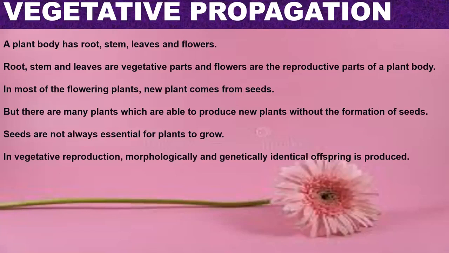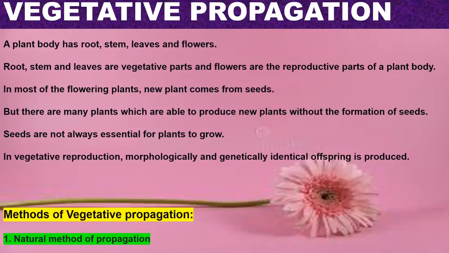But there are many plants which are able to produce new plants without the formation of seeds. Seeds are not always essential for plants to grow. In vegetative reproduction, morphologically and genetically identical offspring is produced.